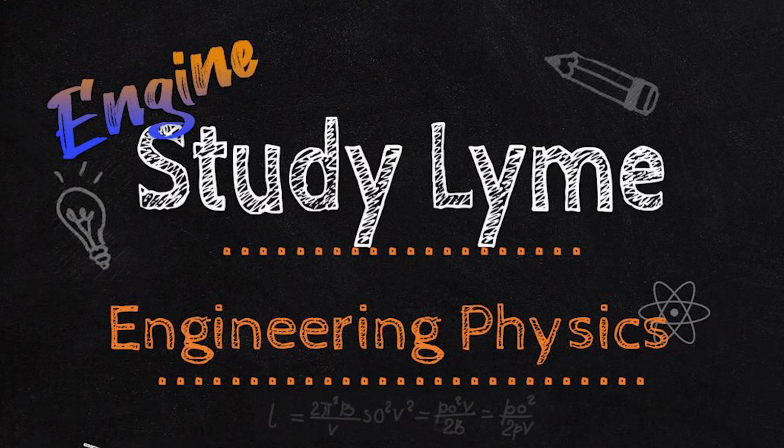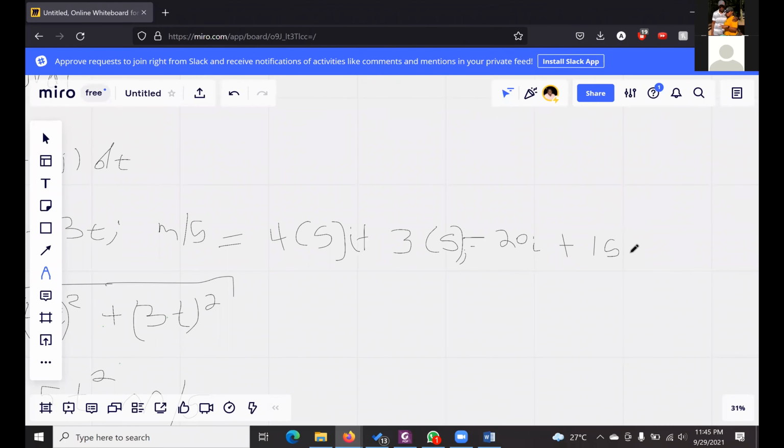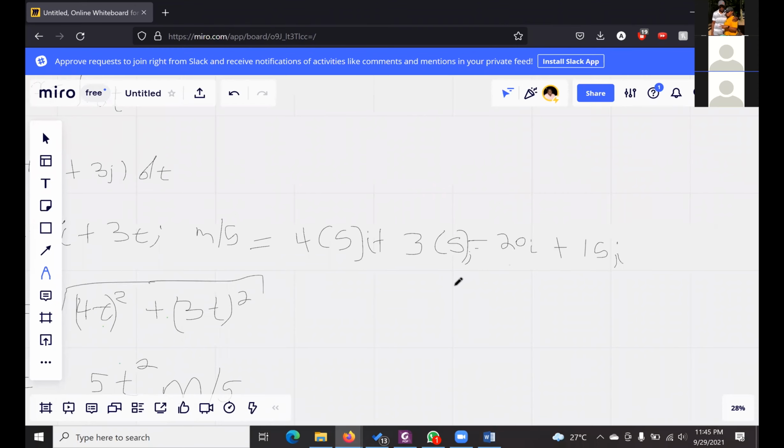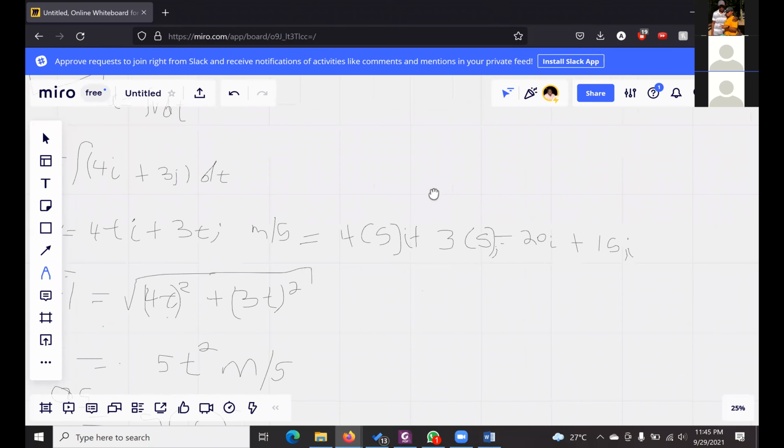Plus 50, plus 15j. You say speed is 125? Yeah, 125.